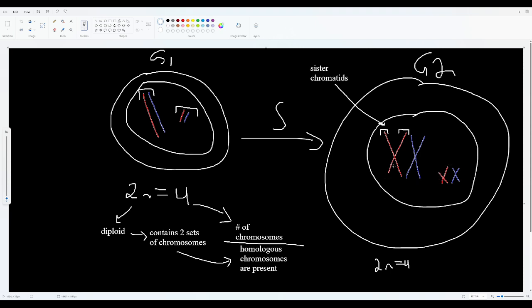Just now we have sister chromatids, and during mitosis these sister chromatids are going to be split apart, right? So good. I think it's very important to make that distinction between the sister chromatids and the homologous chromosomes, because nearly everyone seems to tend to get it wrong.